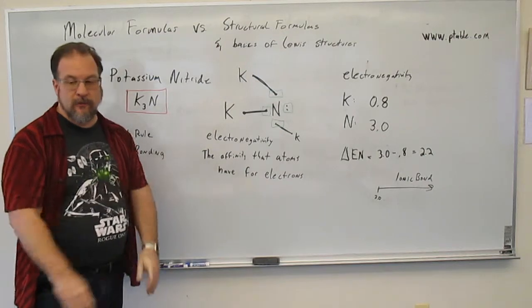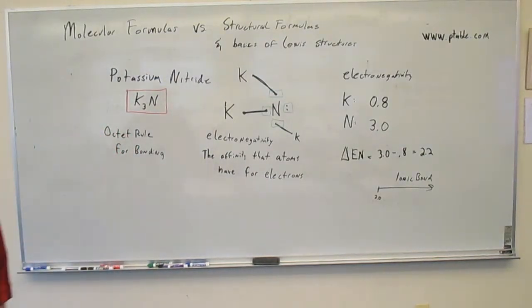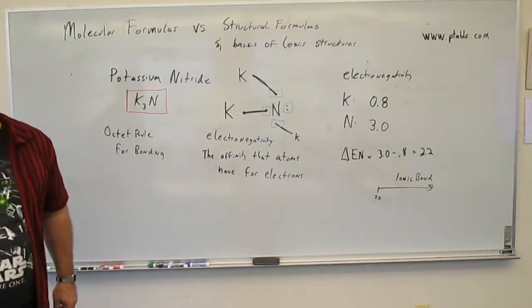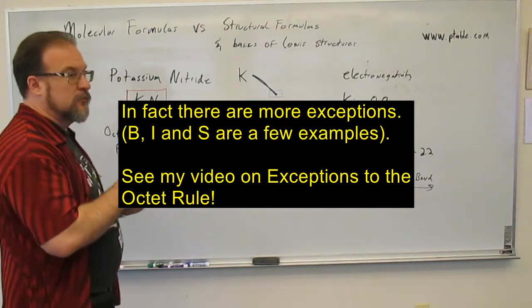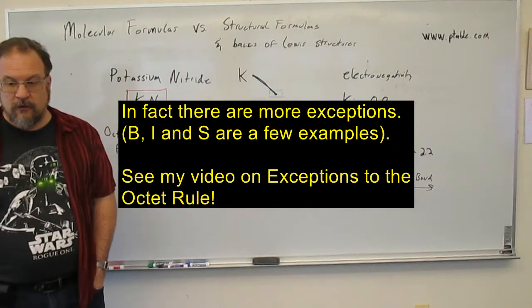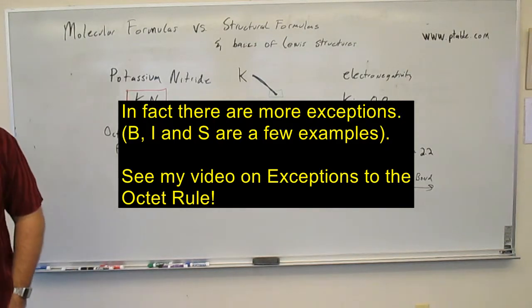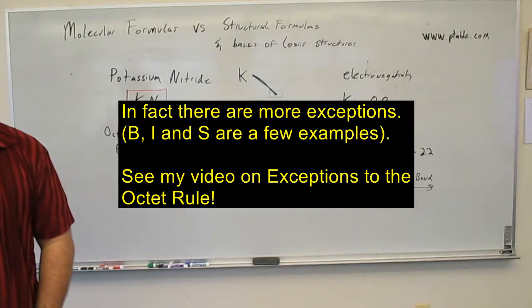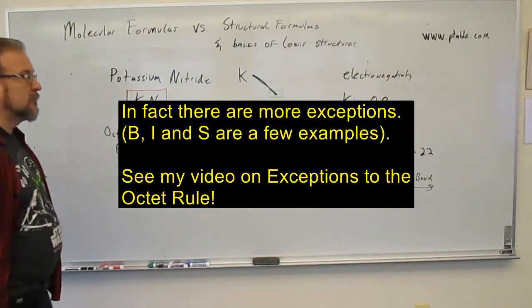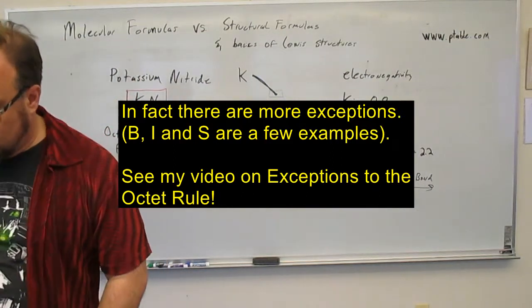Why do I say most of the time? Because there are 2 exceptions if you look at the periodic table. Those 2 exceptions are hydrogen and helium. Hydrogen is happiest when he has 2 electrons in his outer valence shell. Helium, the same thing. The rest of the elements, from lithium all the way down to lawrencium, the rest of the 116 elements, are happiest when they have 8 electrons in their outermost shell.